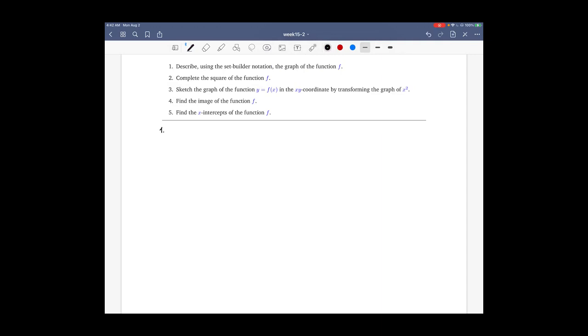And whenever a function is given by a formula, say f of x, the graph of that function is the set of pairs x comma f of x, where x runs over all elements of the domain.